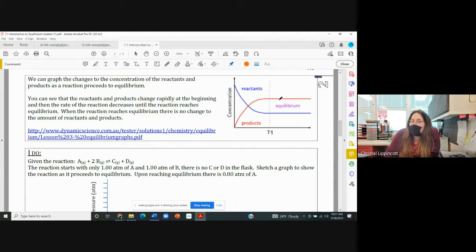But eventually, they will level off here, and their amounts will be consistent. Good? So where you've established equilibrium is where these lines on the graph are straight. Is that 0 slope? Is that what that means in mathy terms? For sure. Okay.